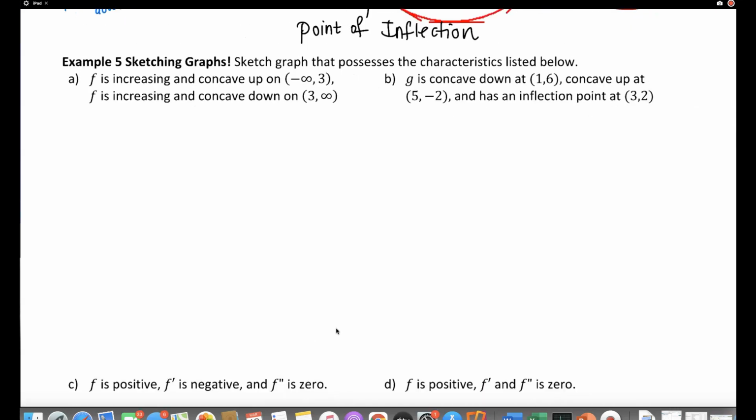Okay, so what I'm going to do is I'm going to just go ahead and draw a number line and say this is 0, 1, 2, and 3.